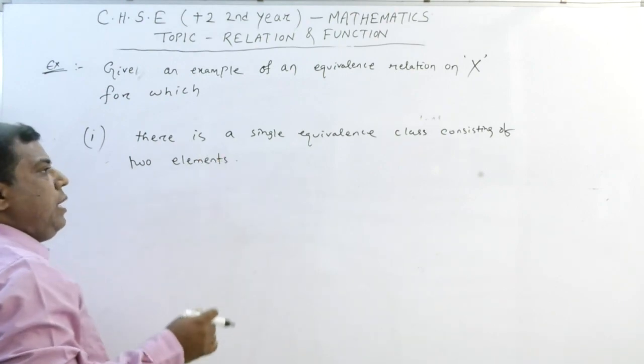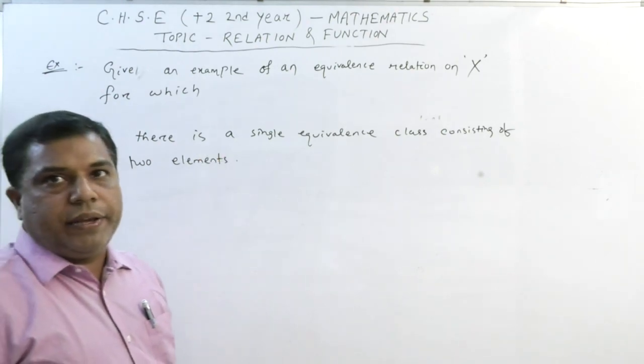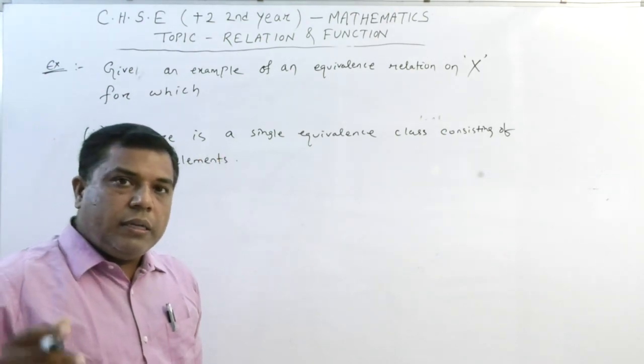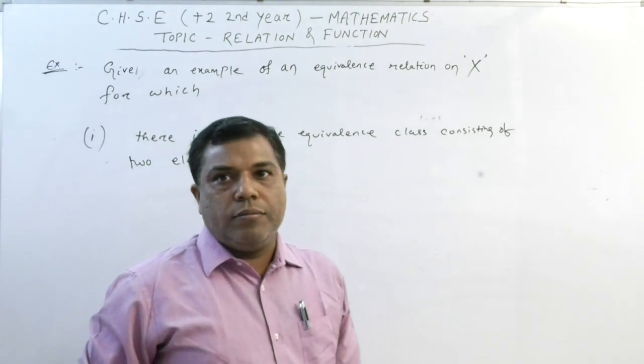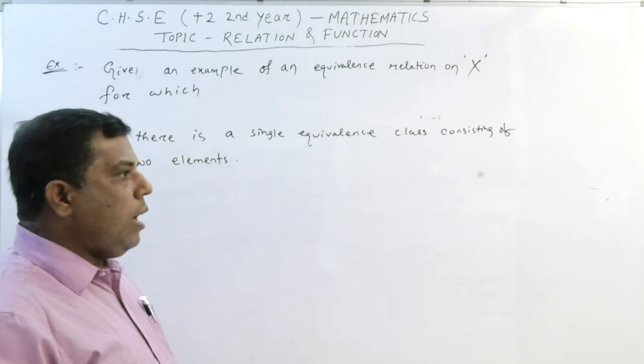We have to prepare one equivalence class in which only two elements are there. Yes or no? So how to find?